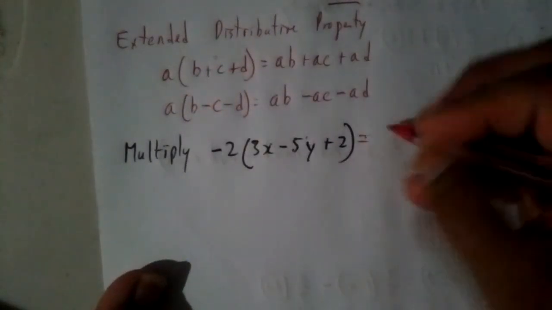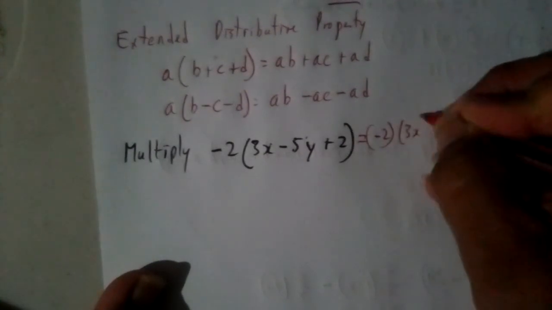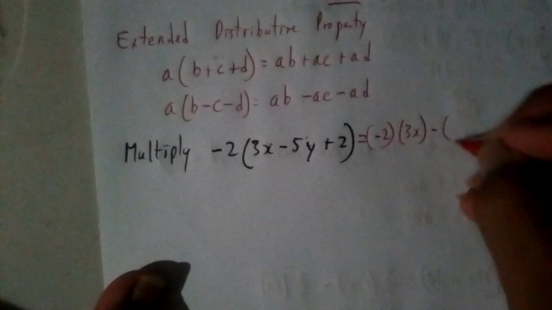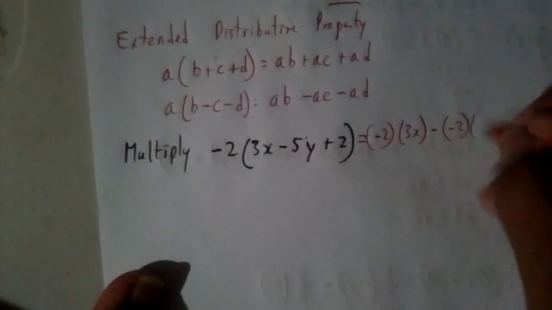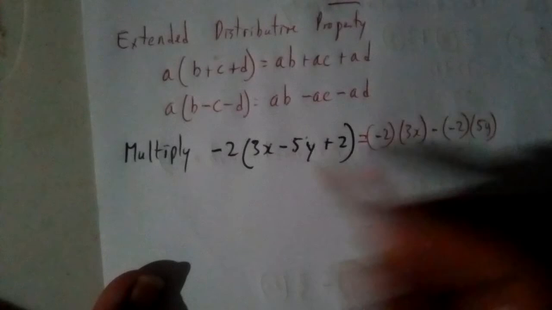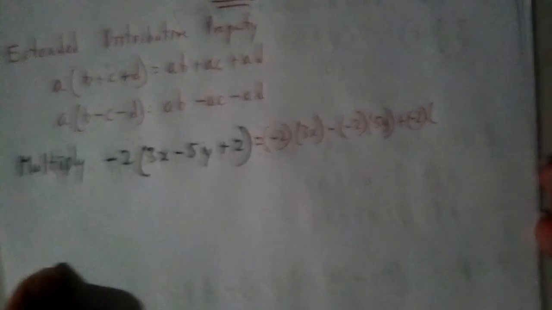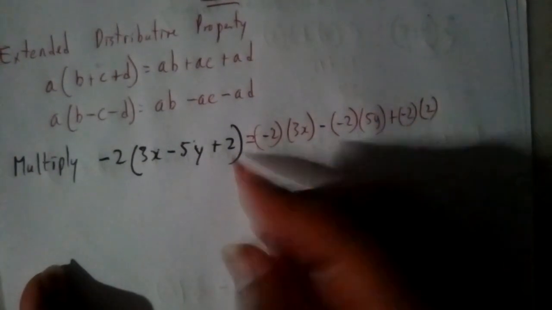Well, we put it here, -2 times 3x close bracket, in this minus, and then put -2 times 5y, not -5y because you have already taken the negative here at the front, and then plus -2 times 2, which is this 2 here.